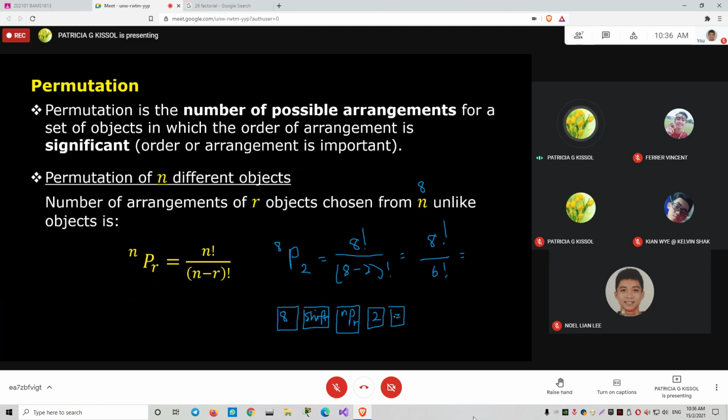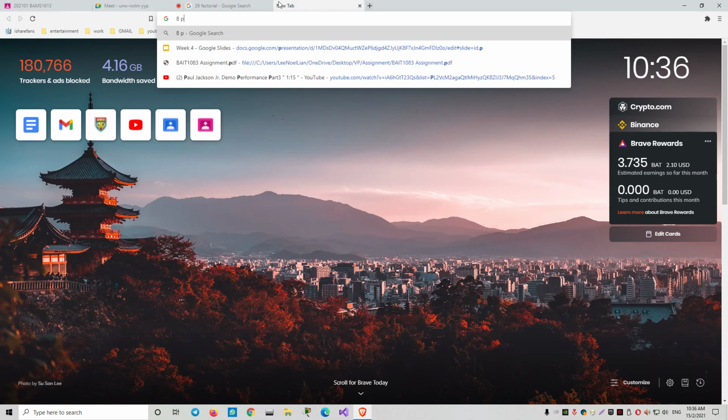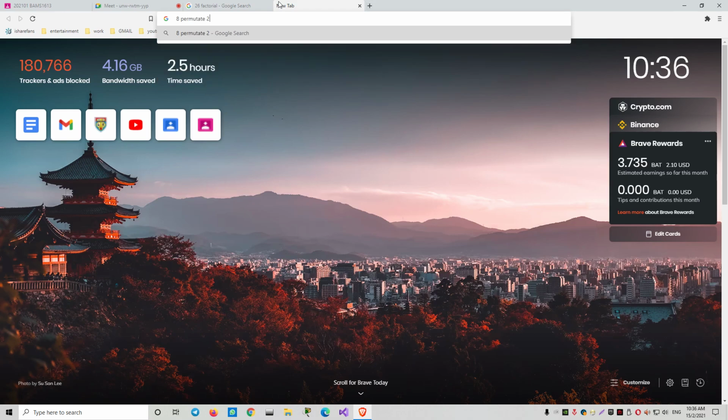What answer do you get? Lance, what answer did you get? Oh, 56, I think. Yes. Yeah, so that is how we use the calculator. There are 2 options.